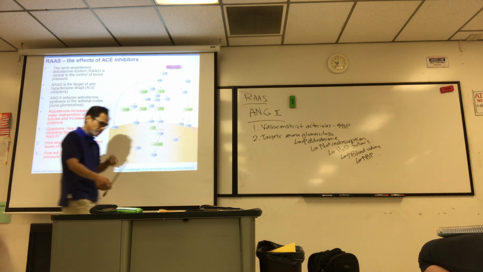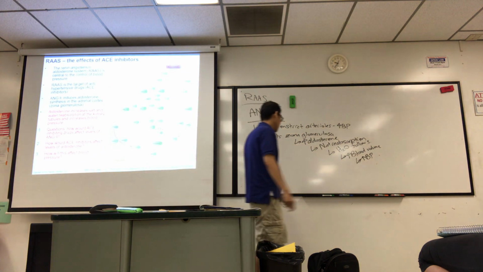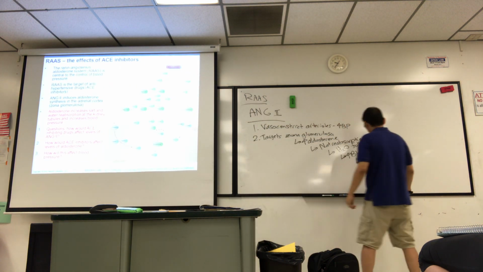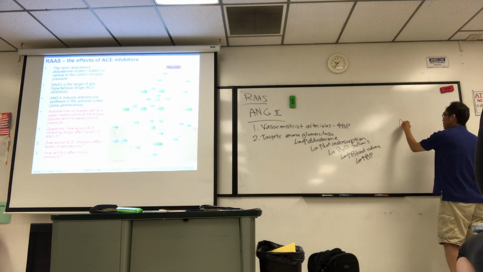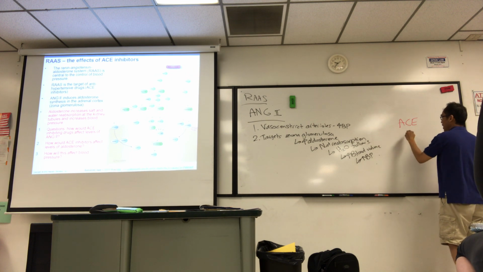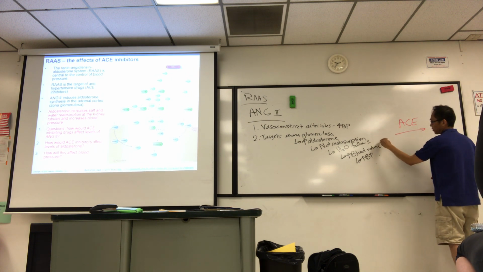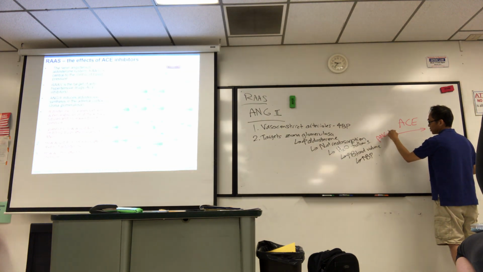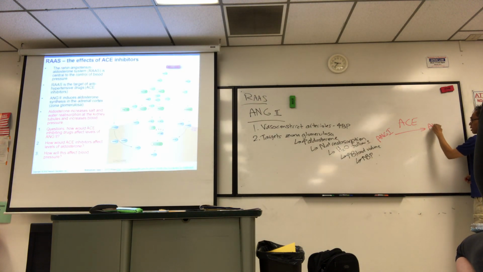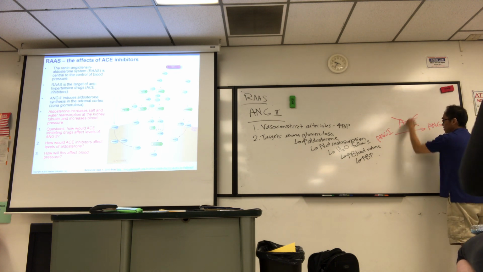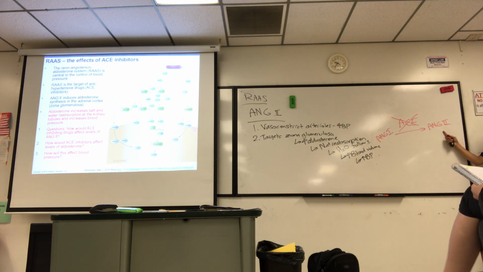Well, let's think about this. You got ACE, and ACE was responsible for converting ANG1 to ANG2. Now you got a drug that inhibits ACE. Tell me about the circulating levels of ANG2. Is it going to go up or down? Down.